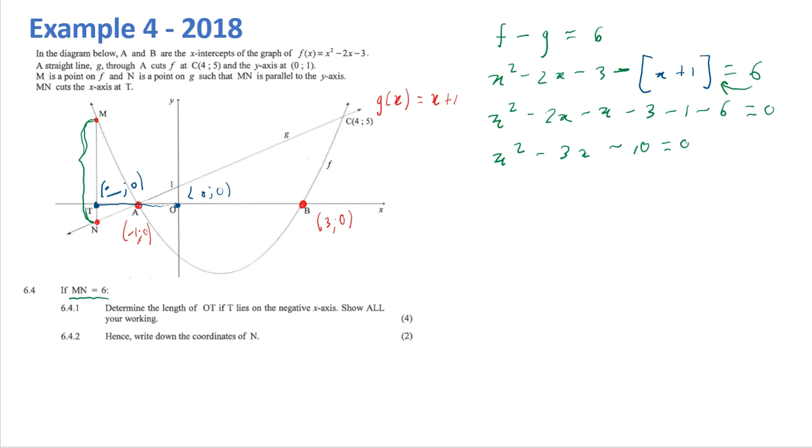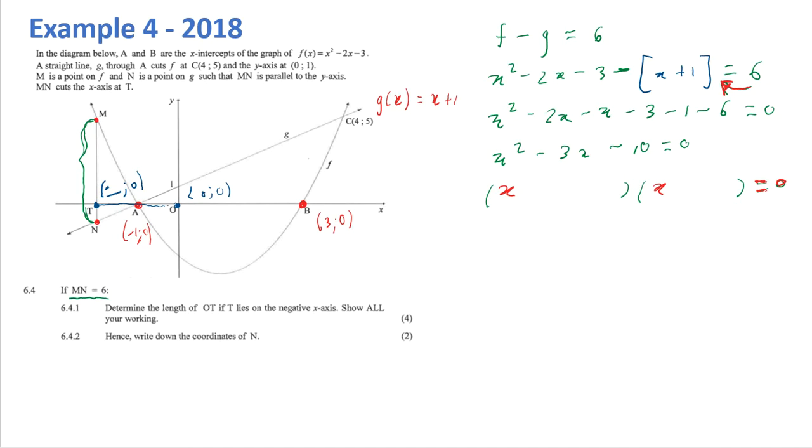So we need to factorize this. Important to remember to bring over that 6. So we have a homogeneous equation, and then we can factorize it, right? So we have x there.